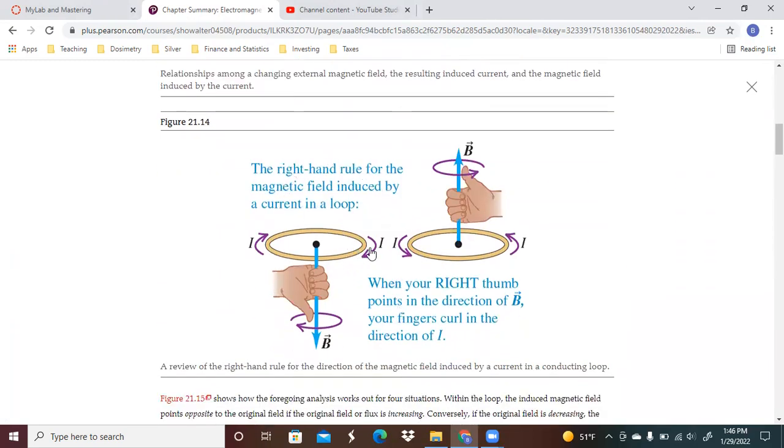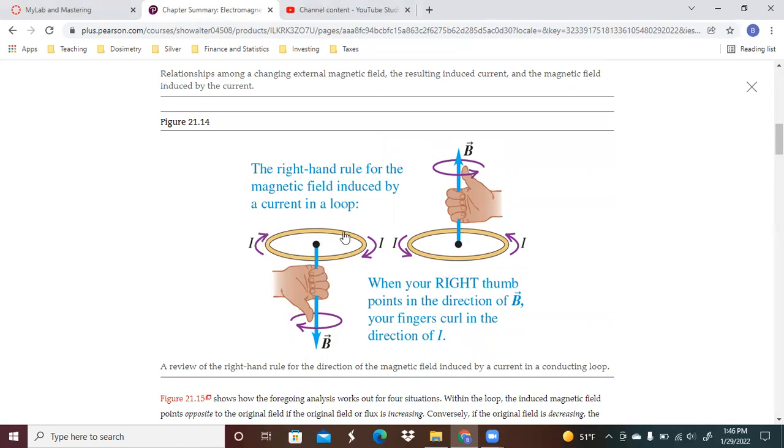If you see that you have an increasing field in one direction and you want to cancel that out by increasing the magnetic field in the other direction, the current is created so that the magnetic field that is produced resists that change.